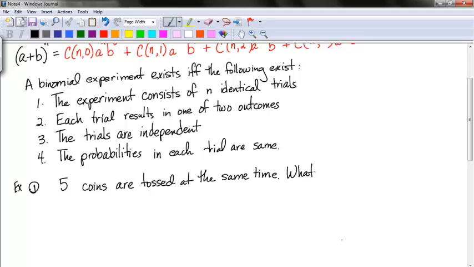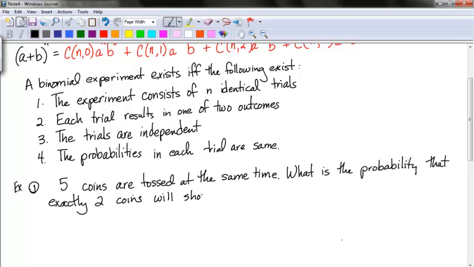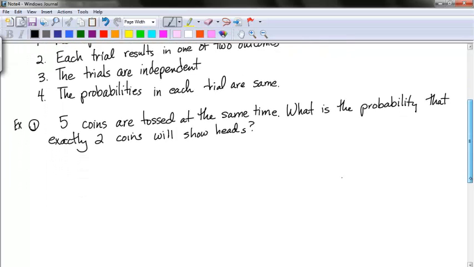What is the probability that exactly 2 coins will show heads? I want exactly 2 coins to show heads. What's the probability?